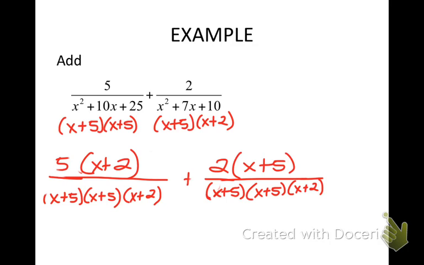Alright, so now let's go ahead and do some distribution. I'm going to distribute right here above them. So 5x plus 10, distributing a positive 2 to my x plus 5 gets me 2x plus 10. So what's my numerator going to go to?